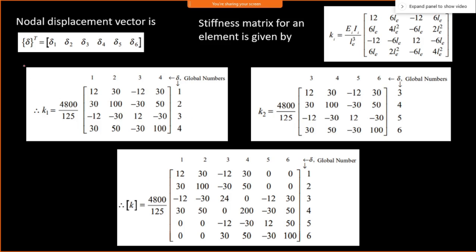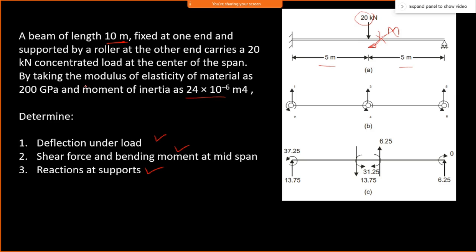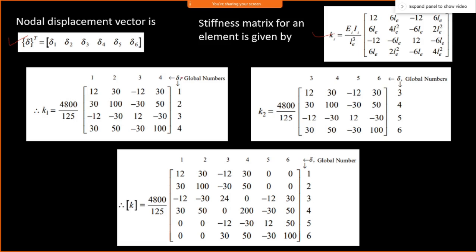So in this case, we need to have a displacement vector, then the stiffness matrix. We have already seen this matrix. So I can now have two elements, and I have to have two stiffness matrices. So K1 is here, then K2 is here. This is EI by L cubed, what is calculated here. The same is calculated for this particular element. Then assemble it.